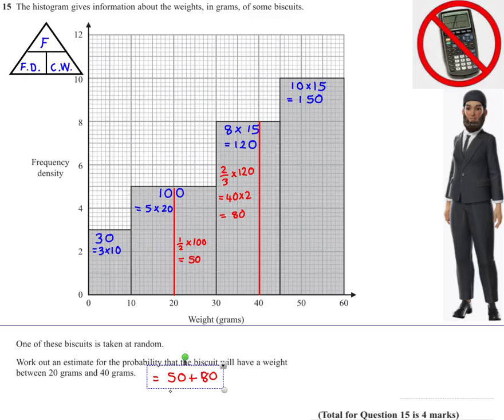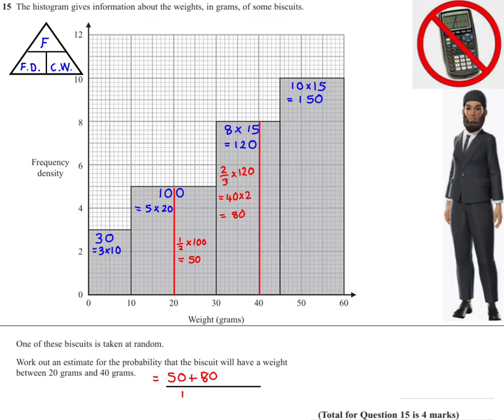Now we need to sum up all of this. Let's go back over there. What did we have over here? Well, we had 30 plus 100 plus 120 plus 150. That's going to give us 100, 200, 300, 370, 400 in total. That's going to be all over 400.